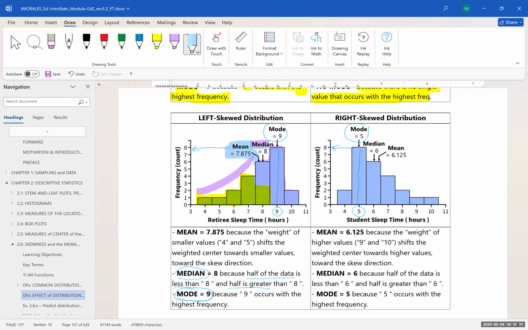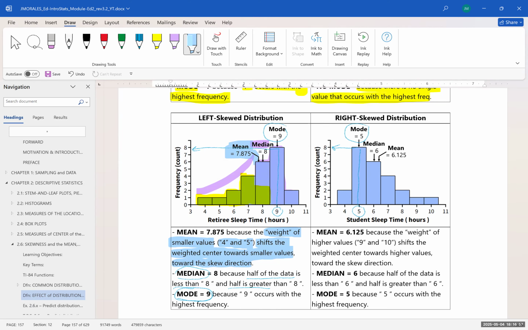So the mean is pulled over even more, and why is that? Well, the mean is dependent on the weight of the values here. But since we've got smaller values of 4 and 5, that is shifting the weighted center towards these smaller values, toward the skew direction.